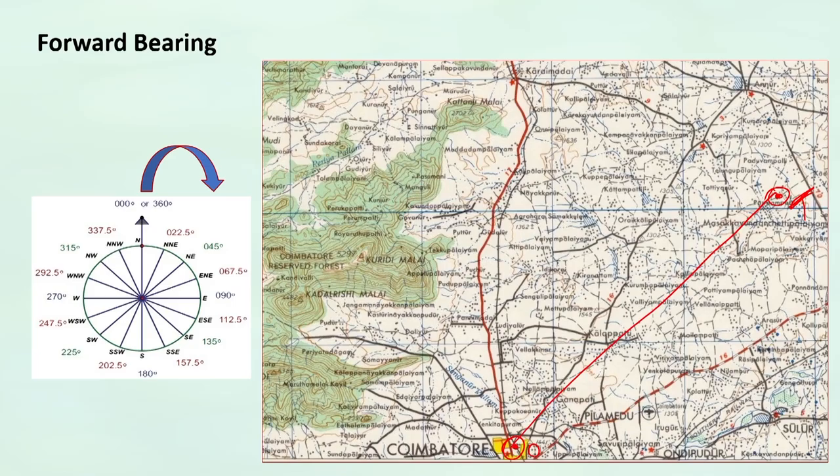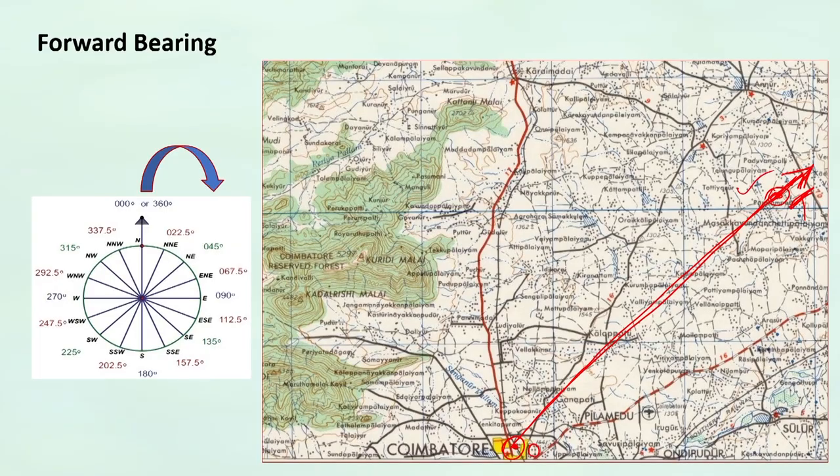So, first step I need to draw a straight line with the scale or freehand. Next, I need to put an arrow mark. I am going to measure the bearing or angle or direction. In simple terms, in which direction is Papambatti village from Coimbatore? That is the question. So, here I will be keeping the protractor.